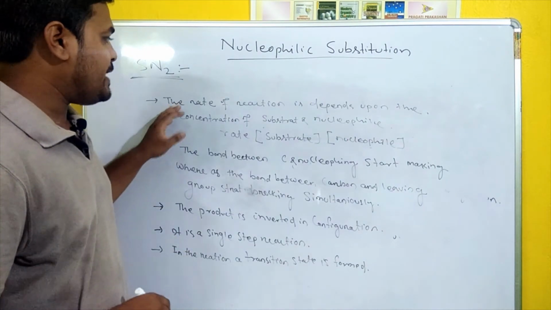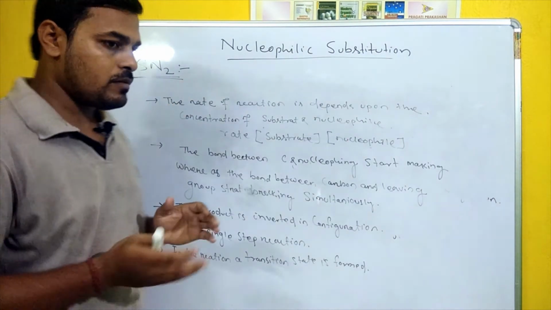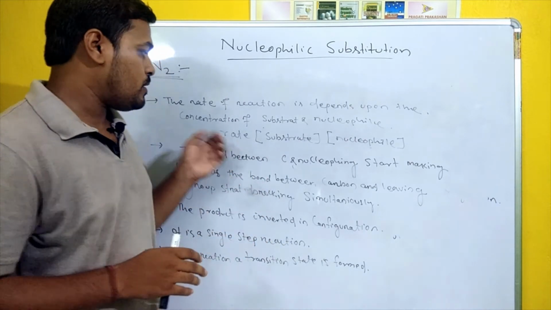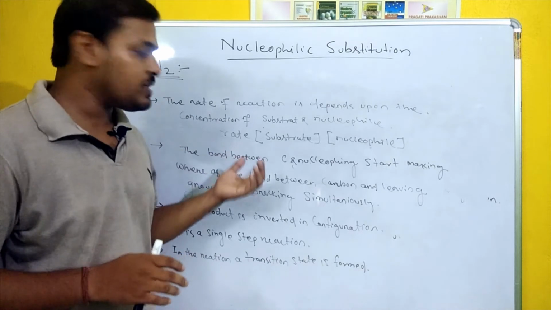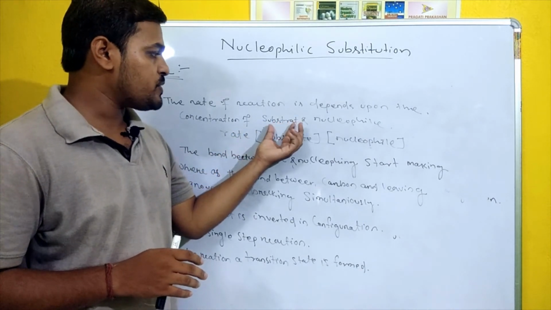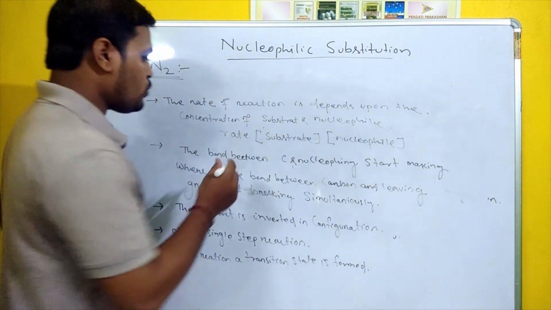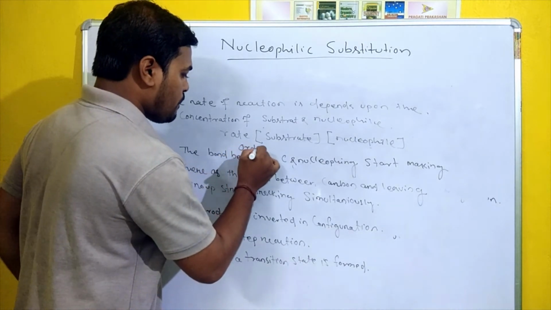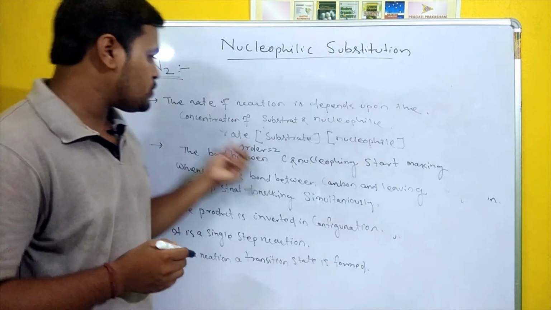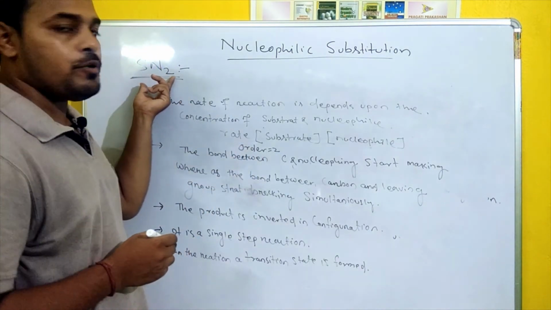So actually, the rate of the reaction is the rate at which the reactant is converted to product. The rate of the reaction is directly proportional to the concentration of the substrate and nucleophile. That means the order of the reaction is 2. Since the order is 2, the reaction is called bimolecular, or SN2.